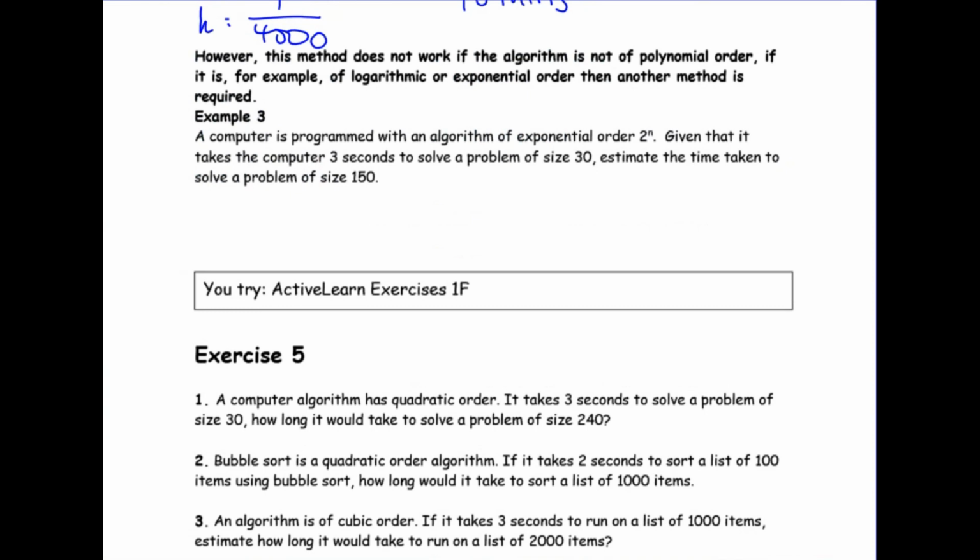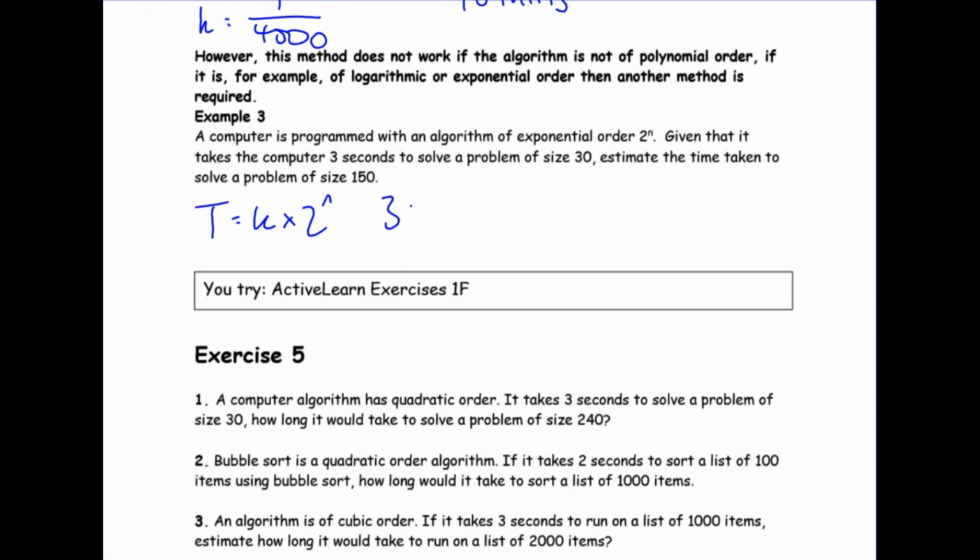For this final example, you can't use the scale factor method, which is why I've been doing the kn squared, kn cubed method all the way through. So this one says a computer is programmed with an algorithm with an exponential order 2 to the n. That means that T is proportional to 2 to the n, or T equals k times 2 to the n. It tells us it takes 3 seconds to solve a problem of size 30.